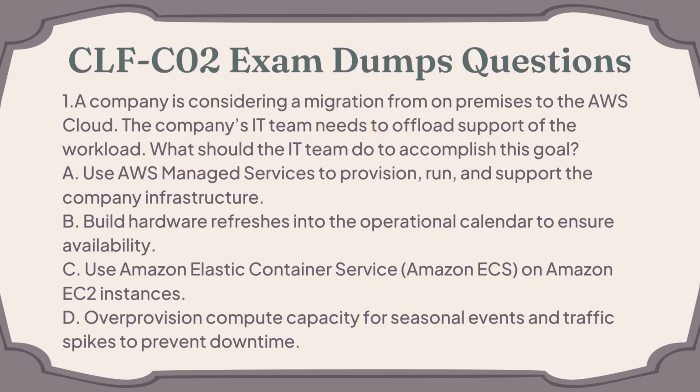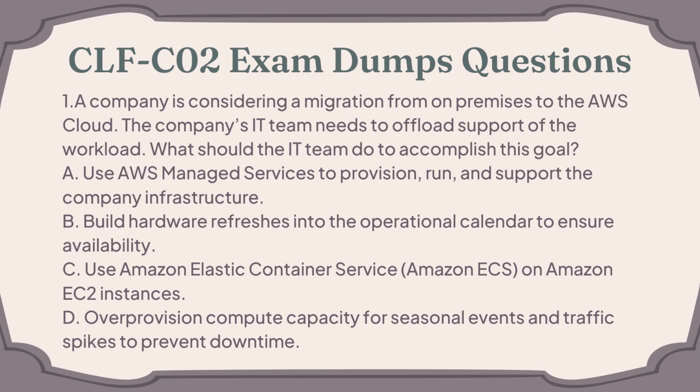1. A company is considering a migration from on-premises to the AWS cloud. The company's IT team needs to offload support of the workload. What should the IT team do to accomplish this goal? A. Use AWS managed services to provision, run, and support the company infrastructure.